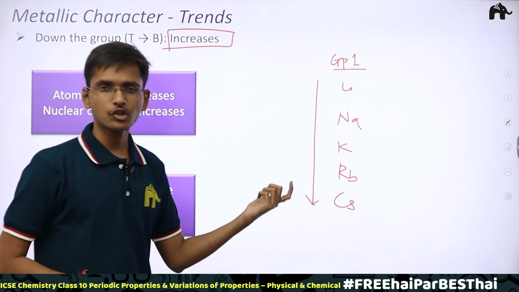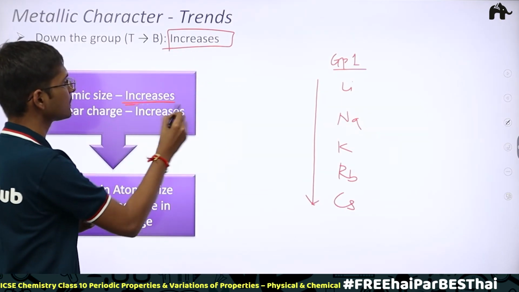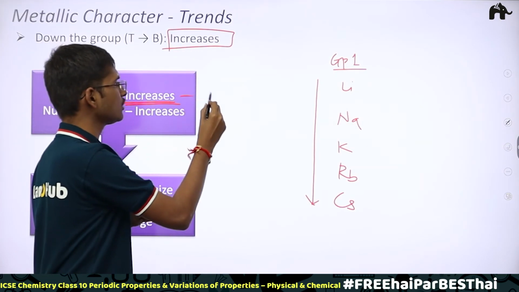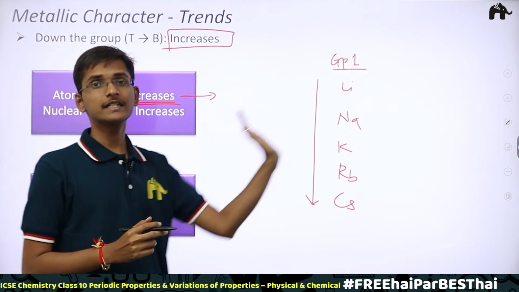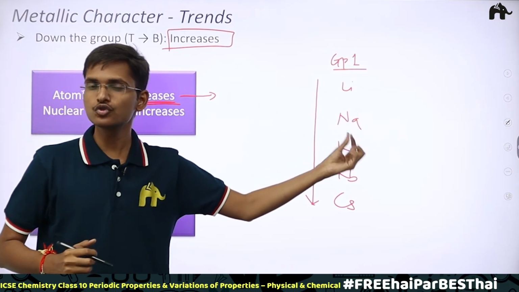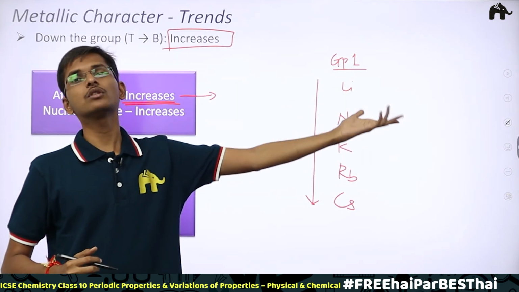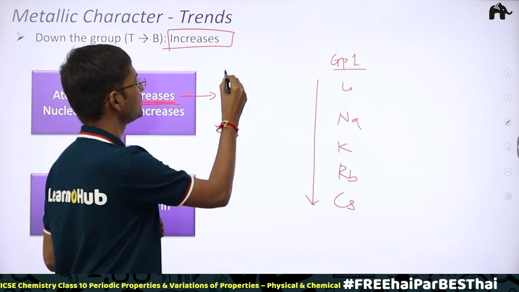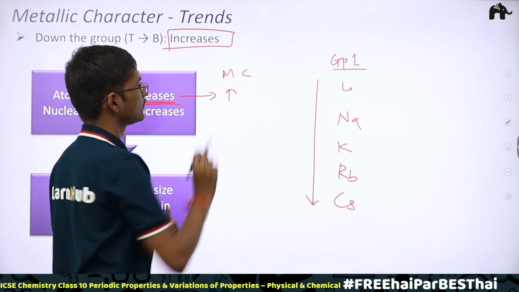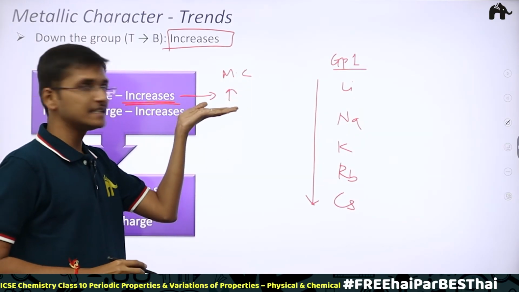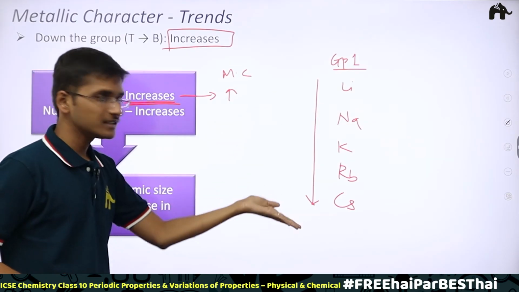Now, if the atomic size is increasing, as we saw right now, it becomes easier to lose the electron. So the tendency to lose the electron is more, and metallic character is more. So metallic character in this case is increasing when the atomic size is increasing.